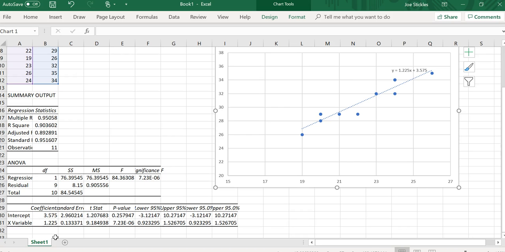I still have to do the 1 over sigma squared, and this is n times sigma hat squared. So n times sigma hat squared over sigma squared is chi-squared of n minus 2.